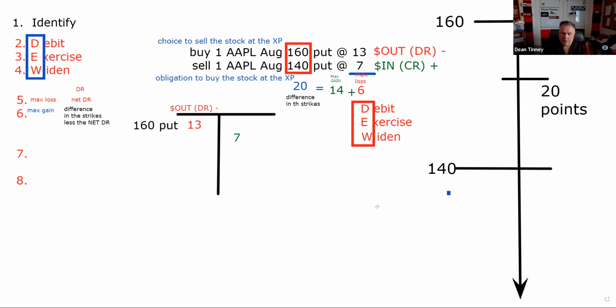We do know that we spent 6 to get rolling. So let's put that there. And we said that when we spent that 6, that was our max loss.